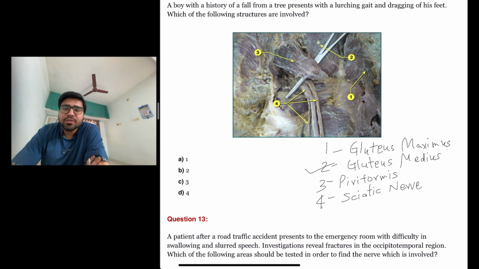That mostly happens due to injury to the gluteus medius and gluteus minimus. So the marked structure number 2 is gluteus medius and that is injured. So the option marked as B, suggestive of number 2, is the answer.